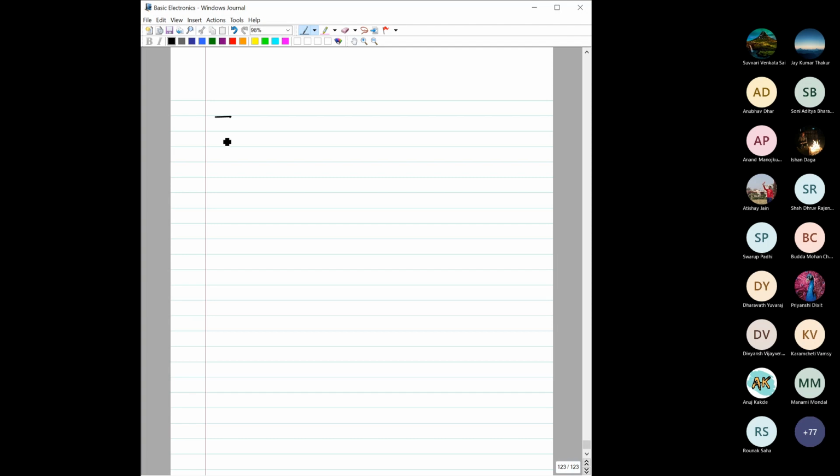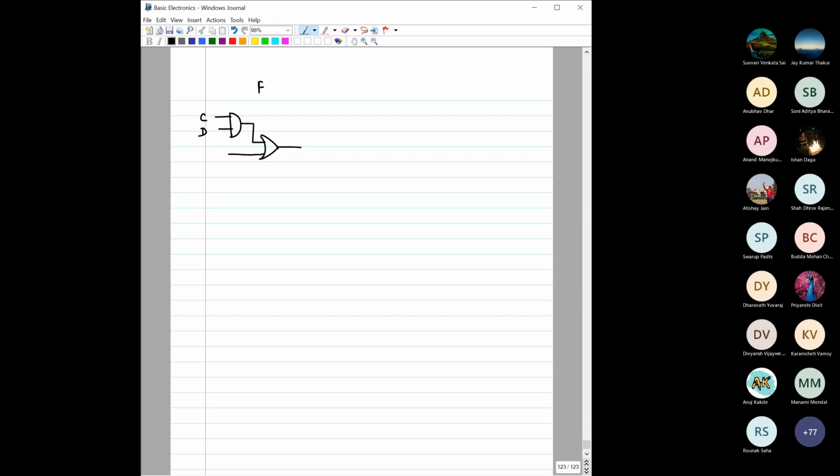Okay, no issue. So see, suppose you have some function, and if you implement it using the basic gates, meaning AND gate, OR gate, NOT gate, the implementation would look something like this.